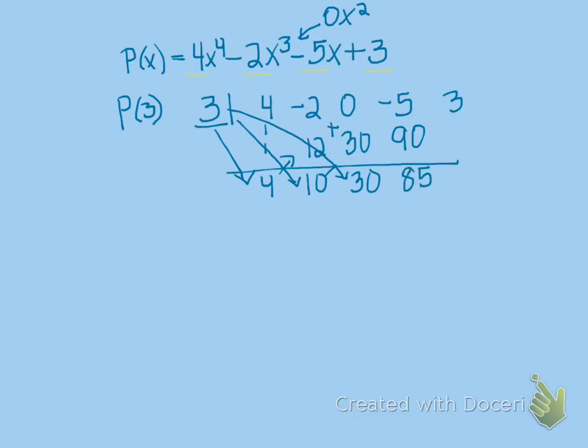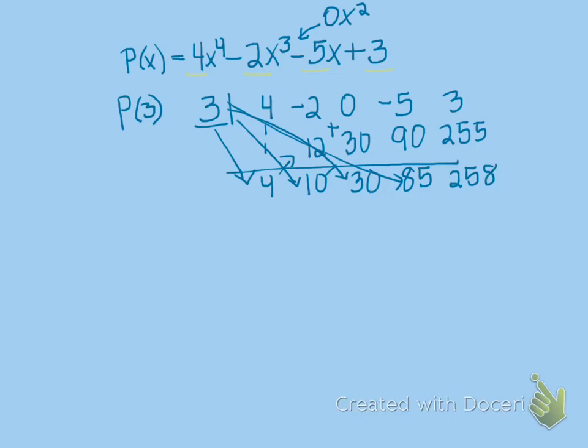And then finally take the 3 and multiply it by the 85. I might have to use a calculator there. But actually I think that's 255, because 3 times 80 is 240, and then 15 is 255. Then finally add the 255 and the 3, that makes 258.